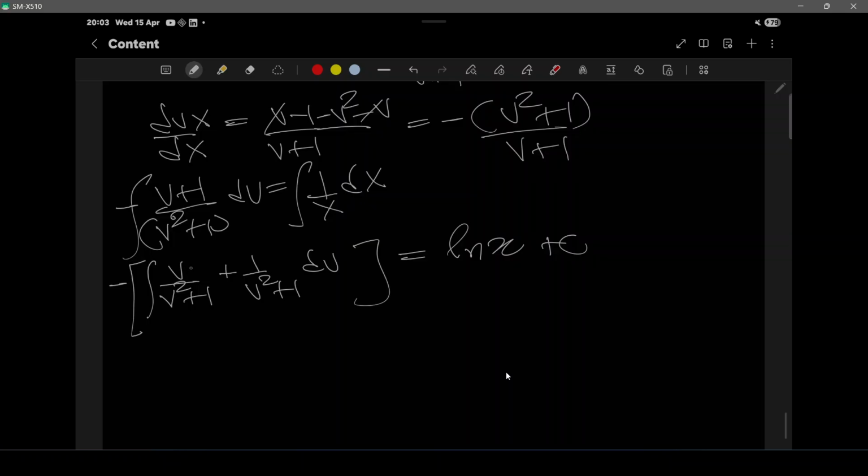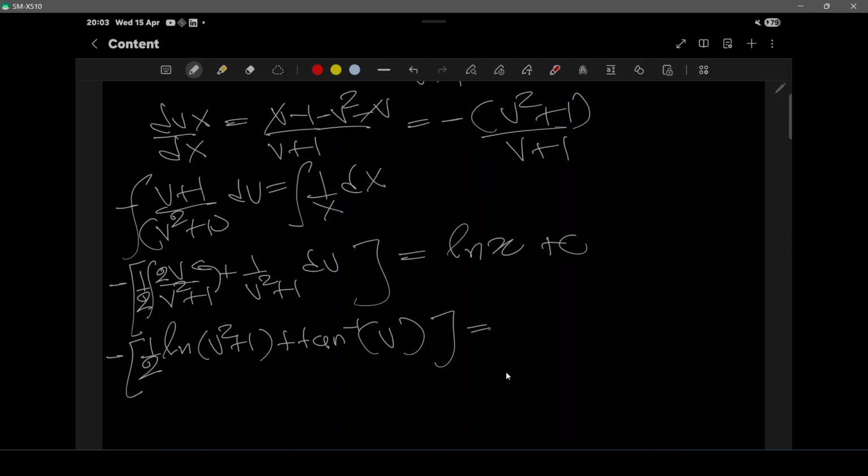Now we can integrate separately. Here 1 over 2 here and 2 here. The differentiation of the denominator is on the numerator, so we can simply write this as 1 half ln v squared plus 1. Then the integration of 1 over v squared plus 1 is tan inverse v, equal to ln x plus c dash.